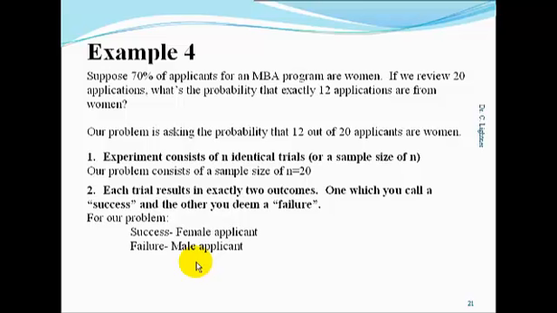In this example, since our probability question is asking us about female applicants, we should name a female applicant a success, which makes a male applicant in this example a failure. Regardless of our personal opinions for this problem, since the probability question asked about a female applicant, it was much easier, as you will see in following slides, to name a success a female applicant.